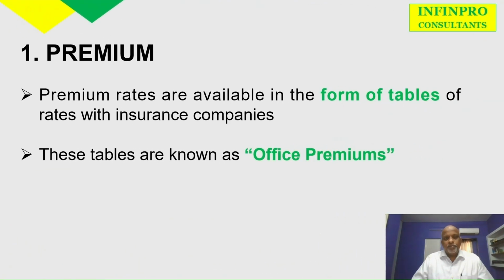Right. So premium rates usually are available in the form of a table from every insurance company, and these table premiums which we suggest to the customer are known as the office premiums. So for all of you watching this video, I would only suggest make note of these terminologies. Probably these can lead you to some questions in the examination.